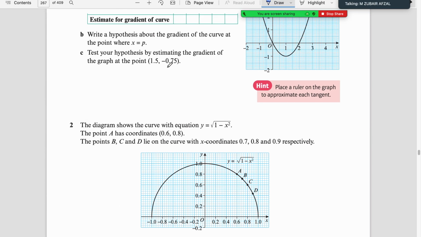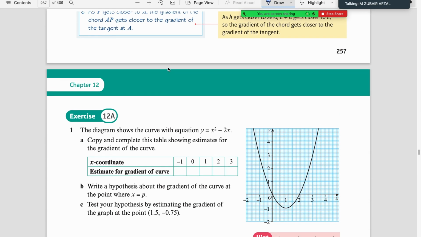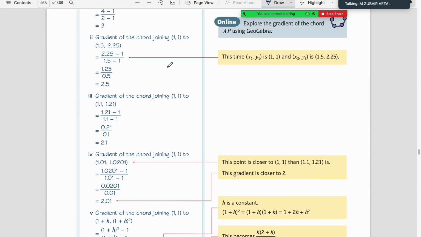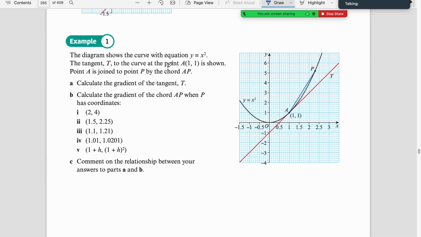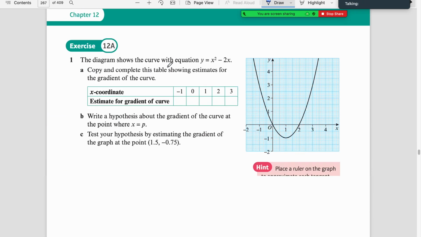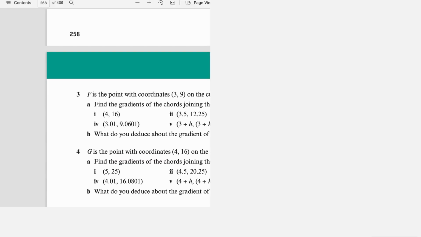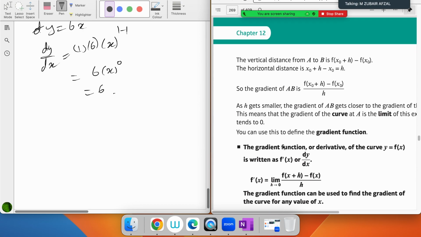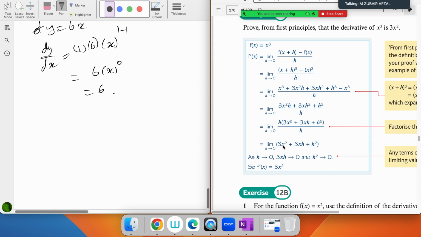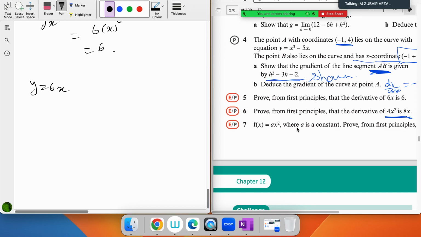Finding the derivatives, estimates, gradients. There's one more thing which we can do. The equation was y is equal to 6x, and we have to prove that the gradient is 6. So let me consider two values.